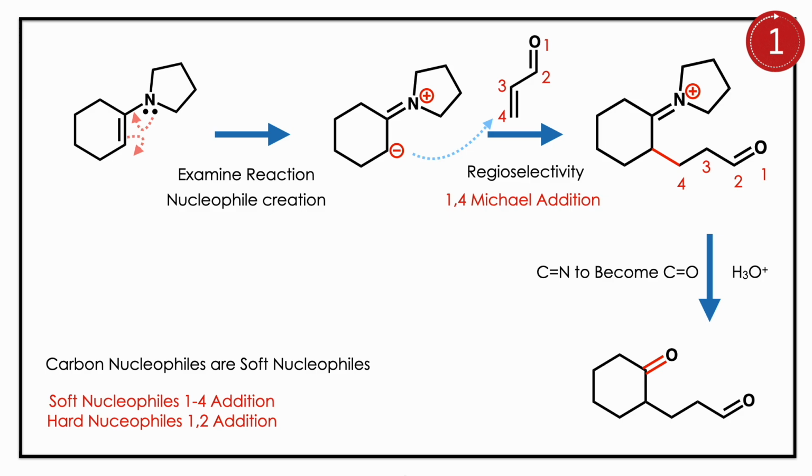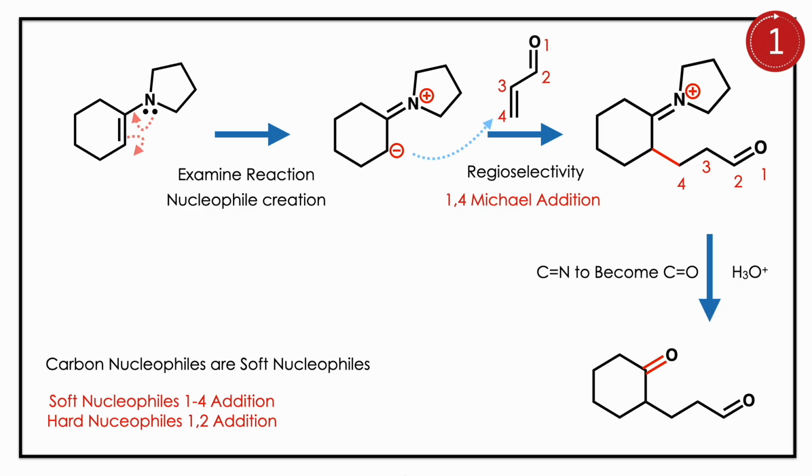Enamine can act as a nucleophile by donation of the lone pair, so a carbon nucleophile forms, which is the soft nucleophile. Since a soft nucleophile undergoes 1,4 Michael addition, it attacks the fourth position of the alkene. So 1,4 addition happened. You have carbon-carbon bond formation. Further, you have hydrolysis, meaning it removes the amine.